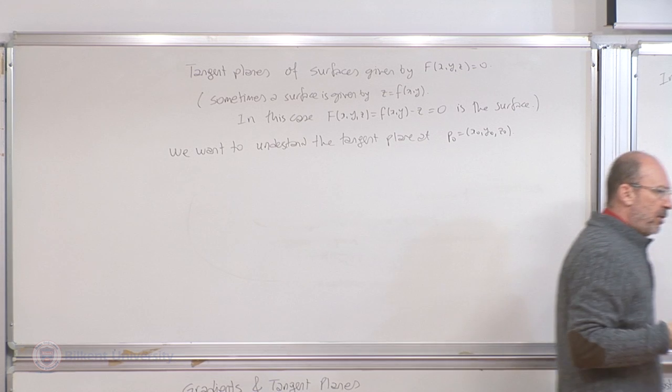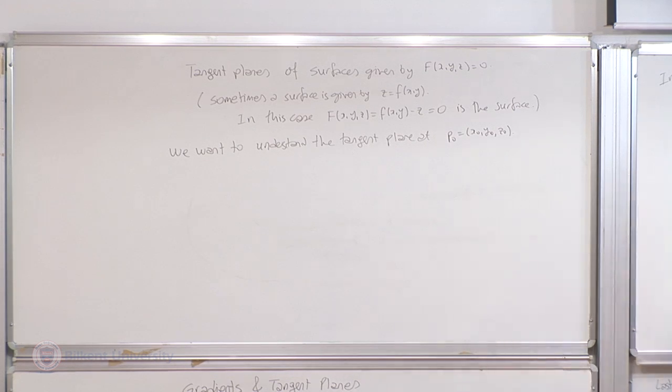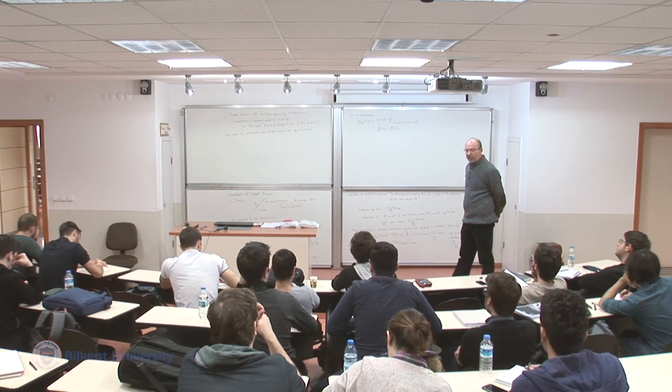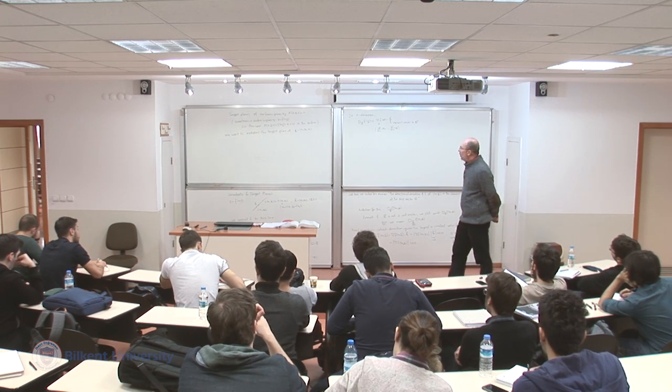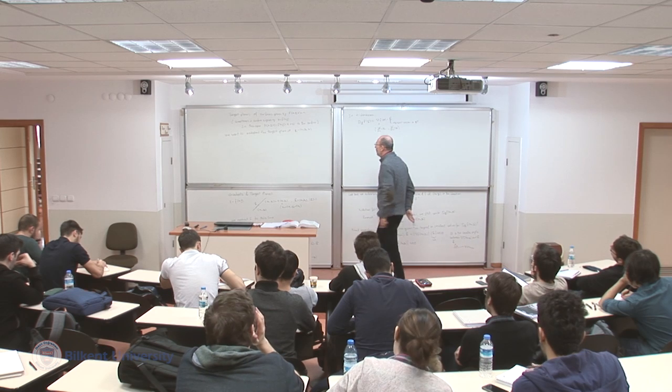Okay, so we remember our discussions before. Not every function has a tangent plane. So we want to work with functions which have tangent planes. We technically define them as differentiable functions. So we start with nice functions. Okay, let f be a differentiable function.